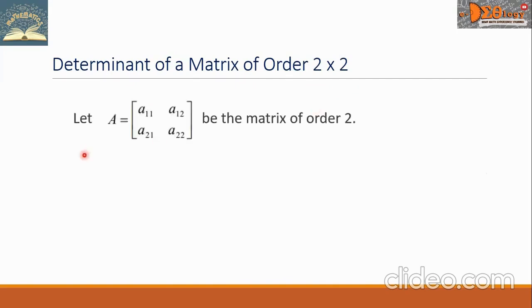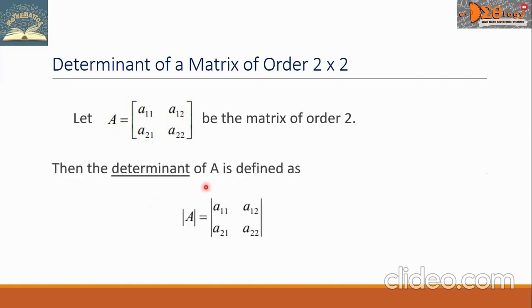We go now to determinant of a matrix of order 2 by 2. Let matrix A, with elements A sub 1 1, A sub 1 2, A sub 2 1, A sub 2 2, be the matrix of order 2.